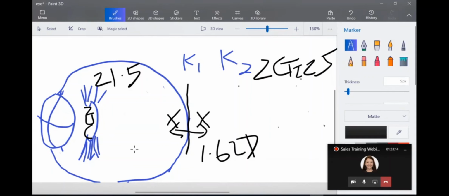1.125, sorry. Right, so it's 1.125 in either direction.